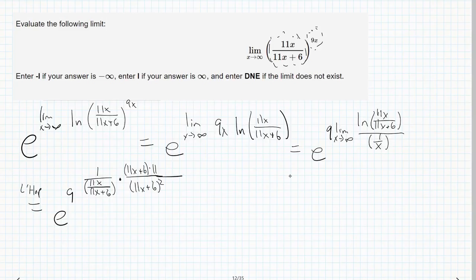Wowzers, right? And then we have minus 11x, because we're writing the numerator, and then times 11 as well, because the derivative of the denominator is 11. So kind of nasty, I know, but hopefully that doesn't look horrible to you.